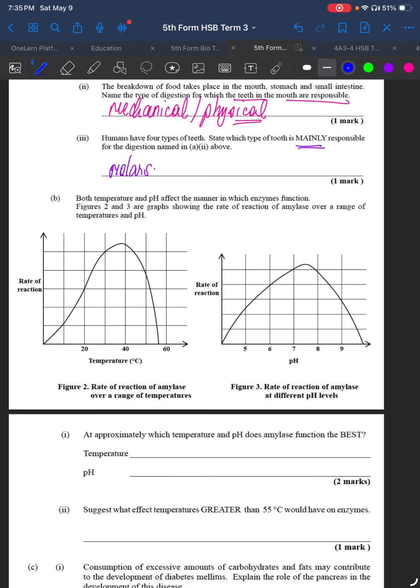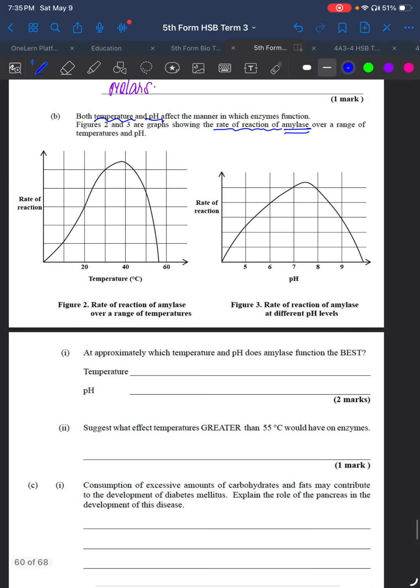Now next we have some graphs. It says both temperature and pH affect the manner in which enzymes function. Figures 2 and 3 are graphs showing the rate of reaction of amylase over a range of temperatures and pH. So, as I suggested, whenever you have a graph or diagram, please observe it first, analyze it.